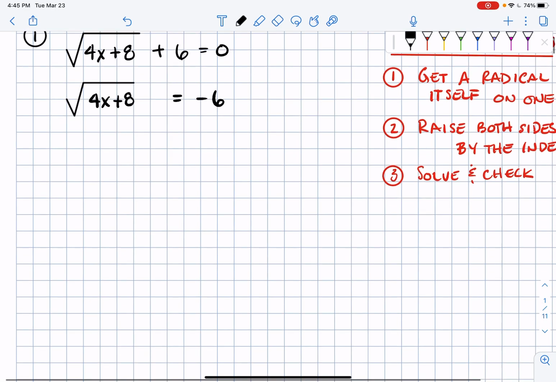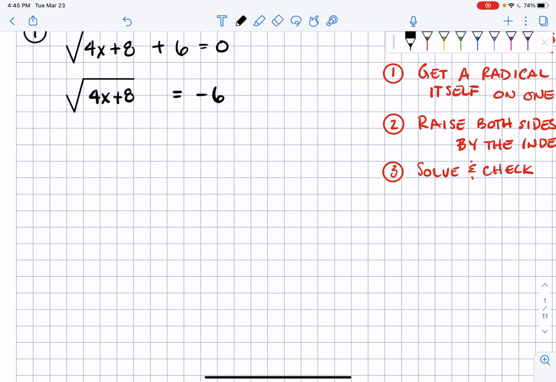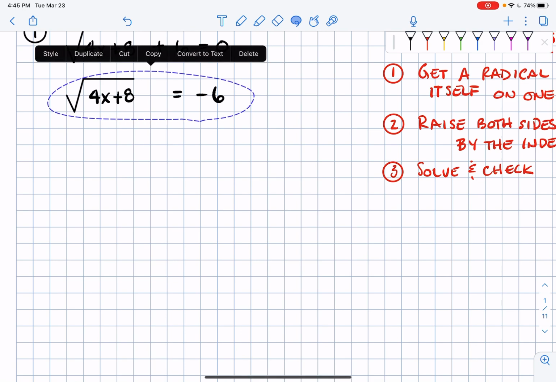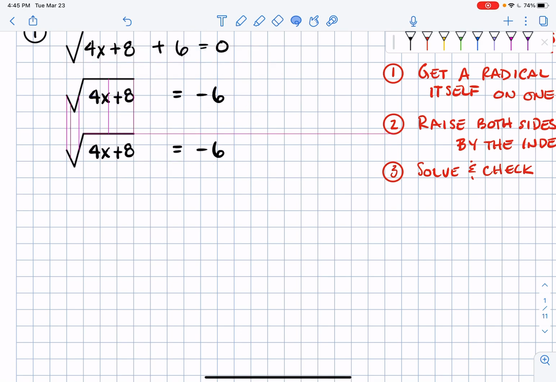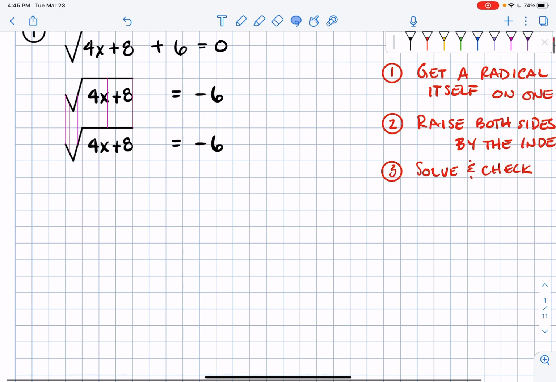Then, to get rid of the radical, to get rid of the square root, I'm going to raise both sides by the index. The index, if it's not shown, is known to be a 2.